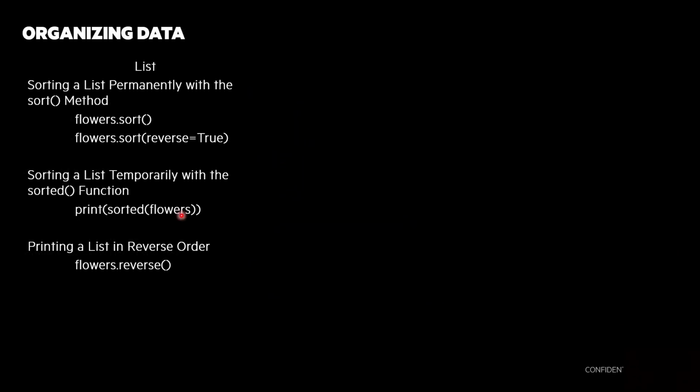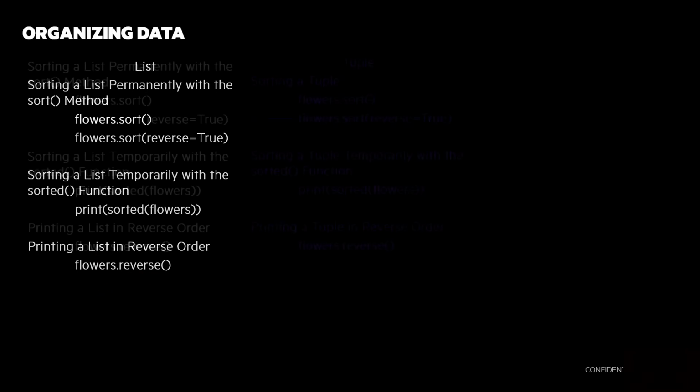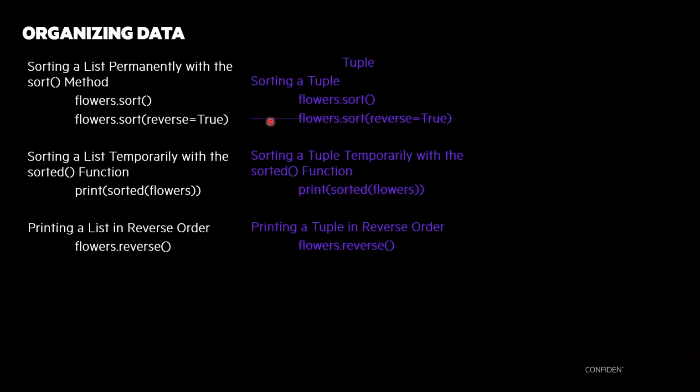So moving to organizing this data. Pre-built methods are already available for sorting and for reversing the order. If we don't want to sort the actual data, we can do the sorting in the memory itself. For that, we have sorted. Also, we have the reverse. Remember, wherever we have to modify the data itself, we will not be able to use those methods with the tuple.